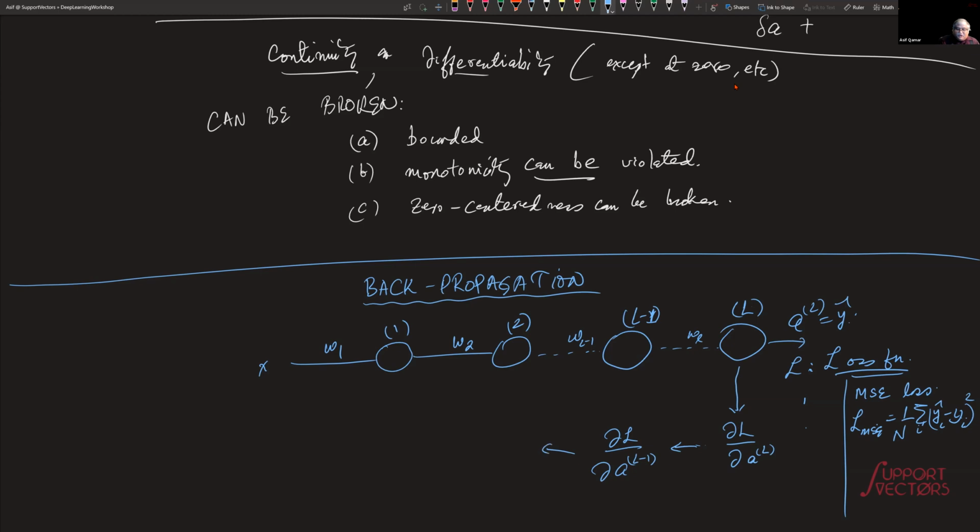And that will help you compute the gradient with respect to the activation in the previous layer, and you can keep going, dot, dot, dot, with respect to layer 2, and that will help you compute the gradient with respect to the first. So it keeps moving backwards. You can keep computing the gradient layer by layer, right?